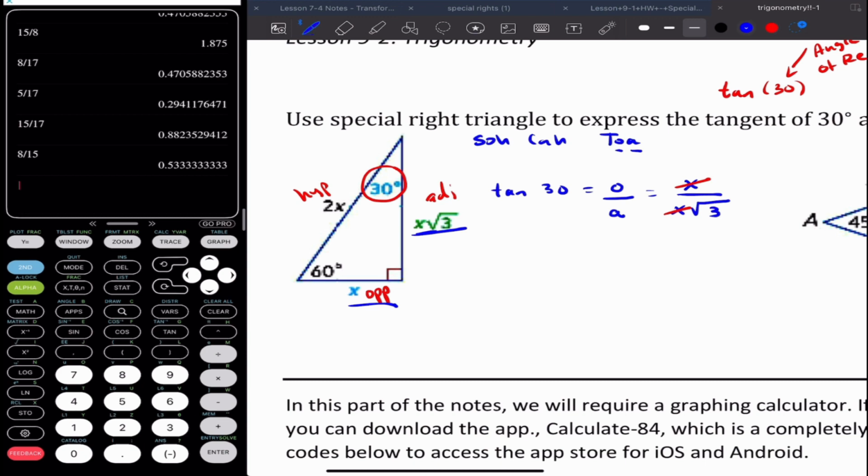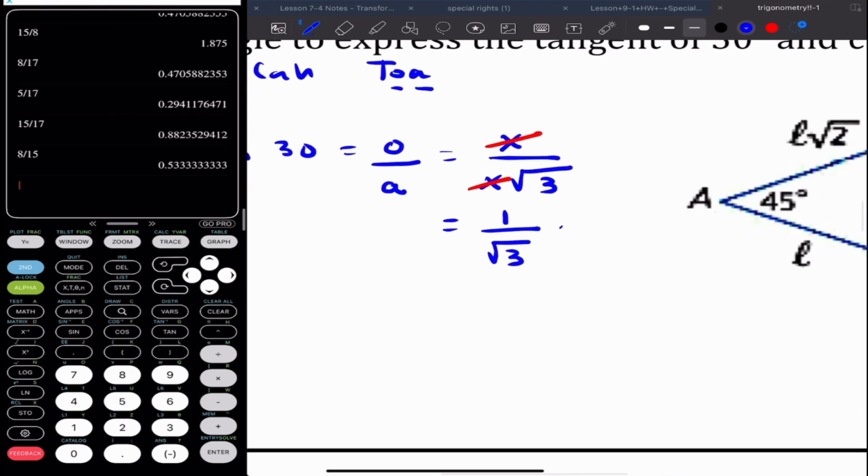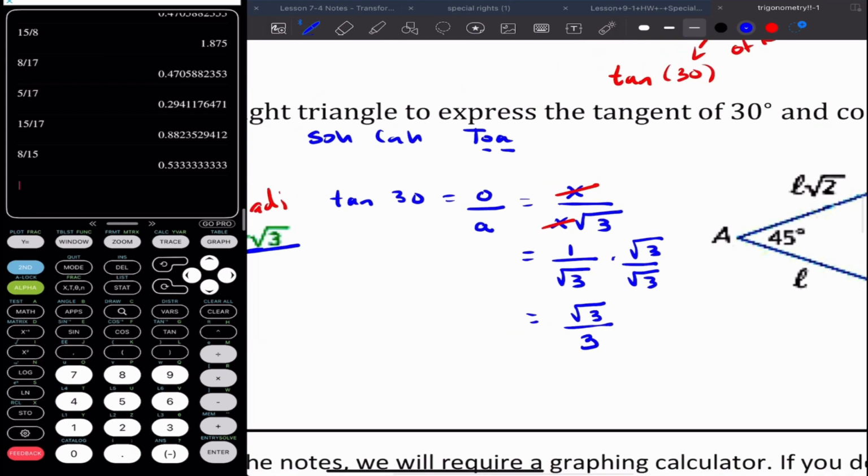So that's going to be equal to 1 over root 3, now I'm going to put that root 3 in the denominator. So 1 divided by root 3, I can't leave that as my answer, I have to rationalize, so I gotta multiply the bottom and top by root 3. So that equals root 3 over 3. And that is your answer. That is the tangent of 30.